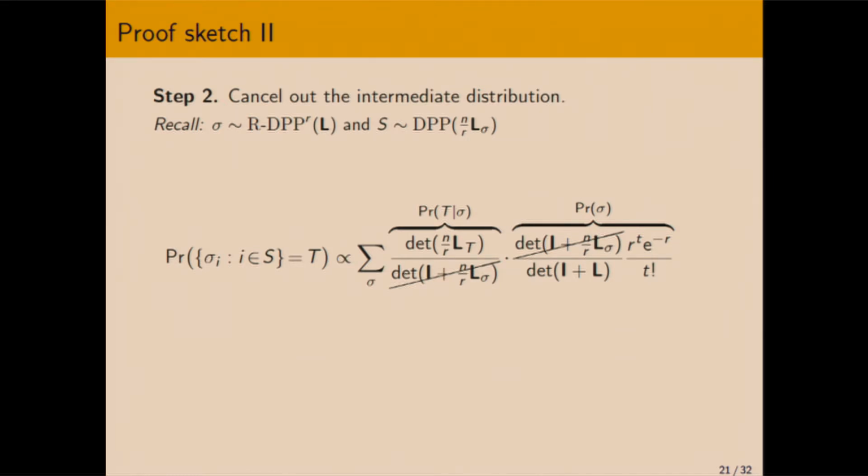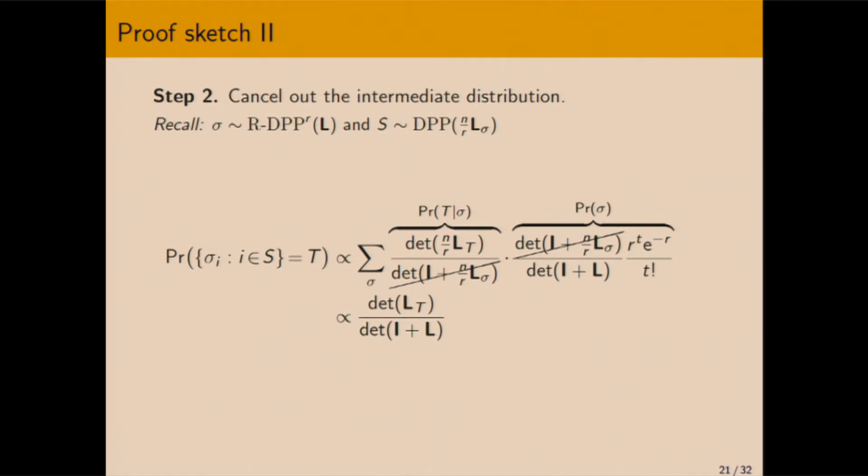We designed it exactly so that the numerator of the RDPP cancels out with the denominator of the DPP. Those are the only two terms that have sigma in them, which means that after that cancels out, the summation just becomes counting.